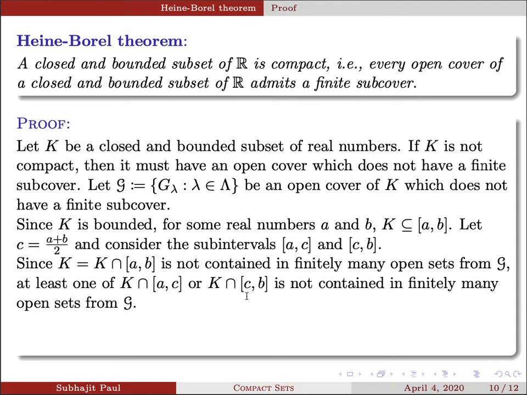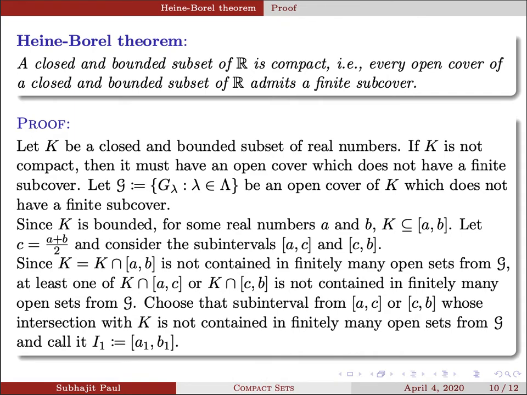Now both of them cannot be contained in finitely many open sets from G, because in that case, if this is contained in finitely many open sets and this is contained in finitely many open sets, together they will be contained in finitely many open sets, but we are not assuming that. So at least one of those, K intersection AC or K intersection CB, is not contained in finitely many open sets from G.